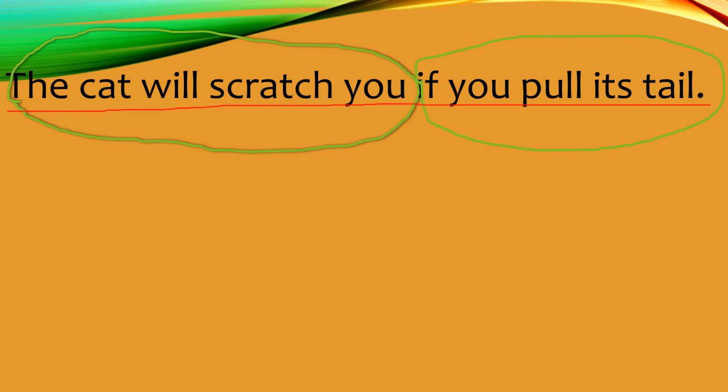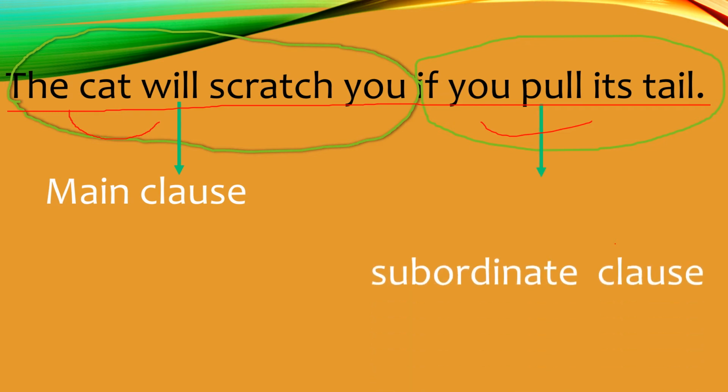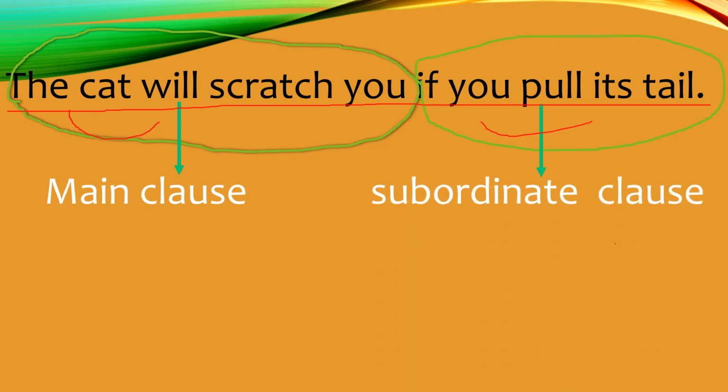What is this clause named as? This clause, the cat will scratch you, is named as main clause. If you pull its tail, this clause is named as subordinate clause. Why? What is main clause? What is subordinate clause?